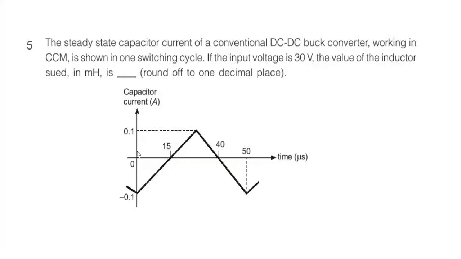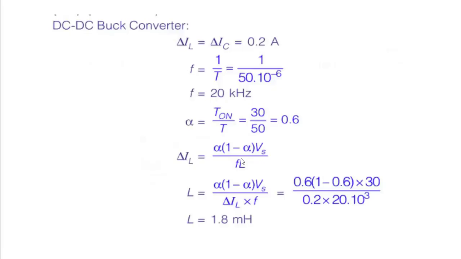So the time period capital T is 50 microsecond. F is equal to 1 divided by 50 into 10 power minus 6, which is nothing but 20 kilohertz.